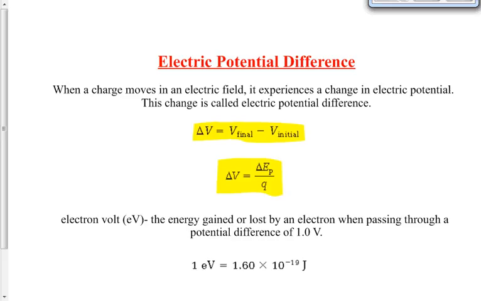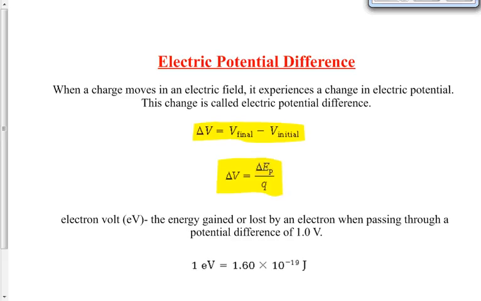Let's talk again about potential difference now. Potential energy difference, or work. Potential difference is the difference in electric potential energy per coulomb of charge. Or in other words, it's VF minus VI, the final potential minus the initial potential.